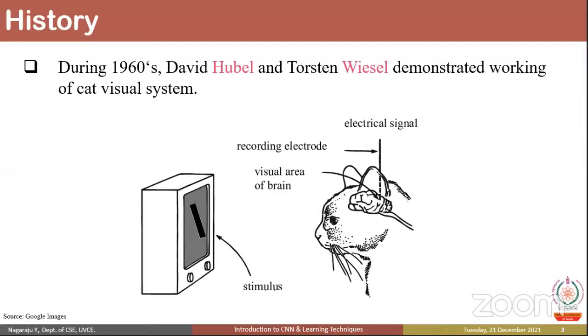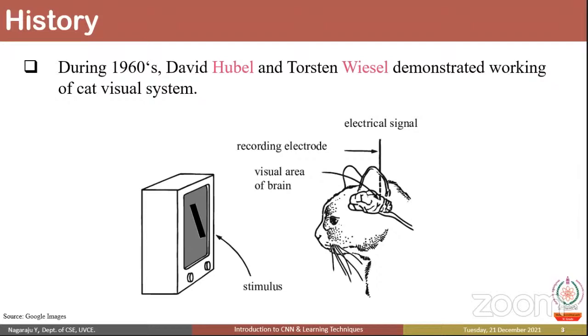And the researchers who got triggered and inspired from this work started to work towards the visual systems, that is machine vision. Okay, you might have heard the word machine vision.